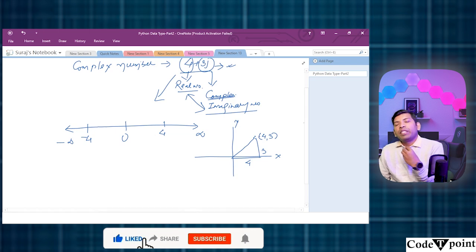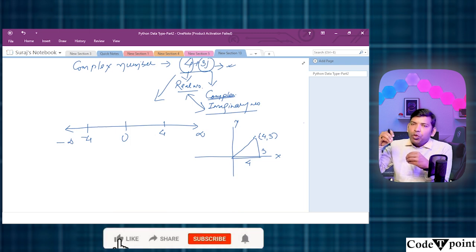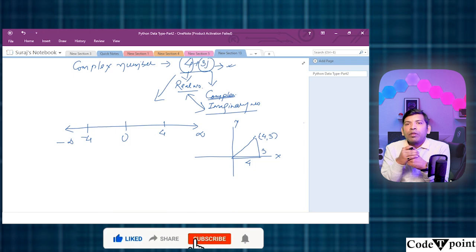If I keep increasing the number of dimensions, this point will be located in the space, correct? In the 3D space. Just assume we keep increasing the number of dimensions. In that case, it will be very difficult to locate this point in the particular dimension space.